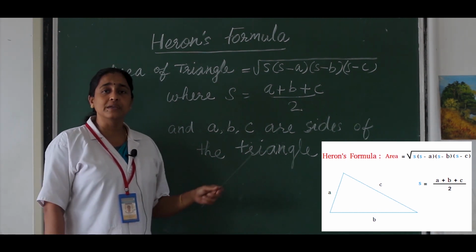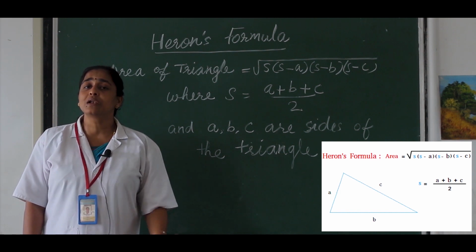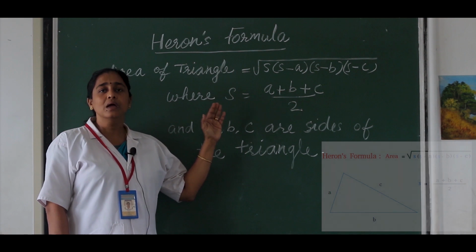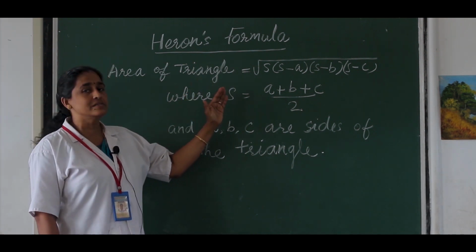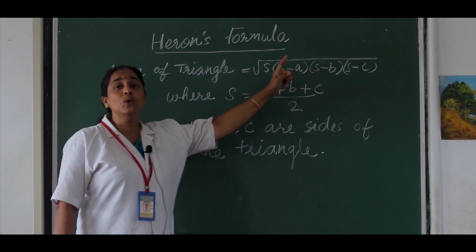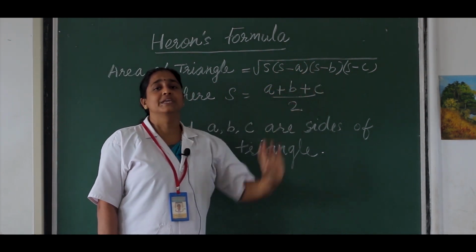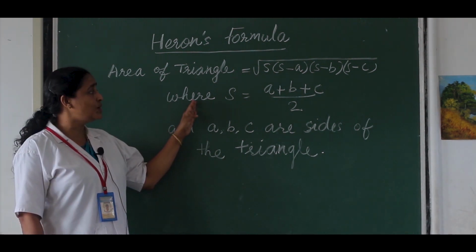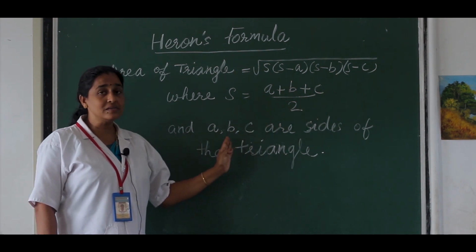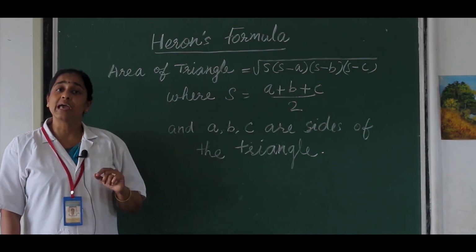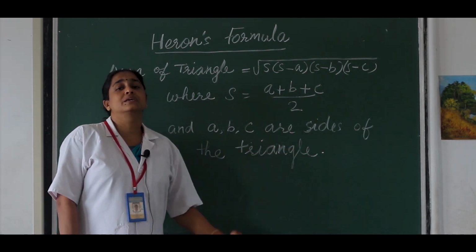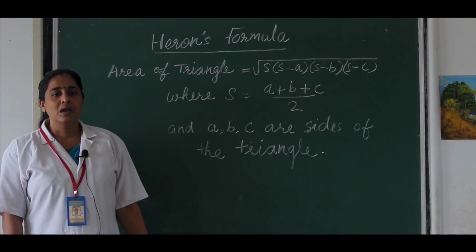Once again, for finding the area of a triangle, you are learning a new formula, Heron's formula: area of triangle is equal to root of s into s minus a into s minus b into s minus c, where s is equal to a plus b plus c by 2, that is half of perimeter. As we know, a, b and c are the 3 sides of the triangle.